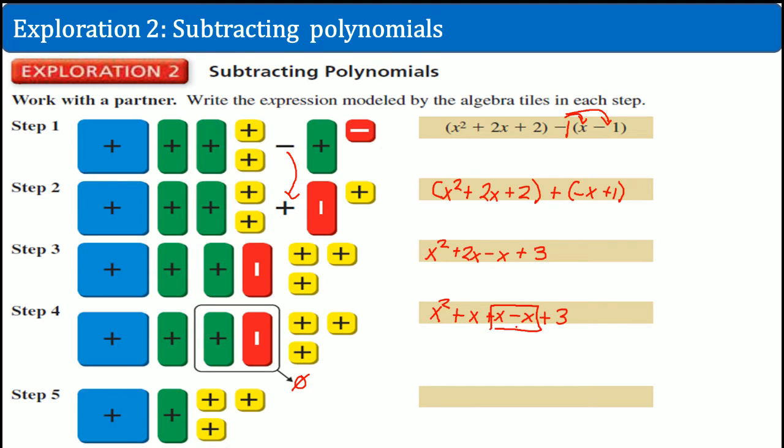This was what was going to become the number 0. Cancels out. So what do you have left over? X squared plus x plus 3. Okay? That is how we subtract polynomials.